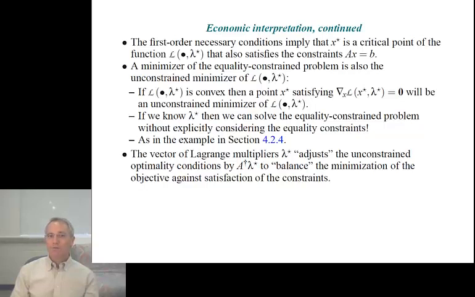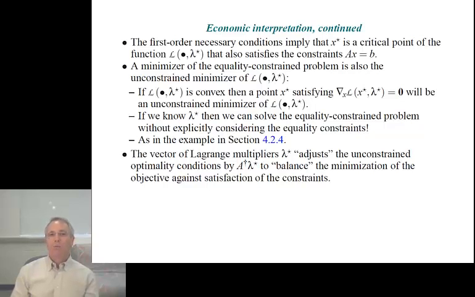A minimizer of the equality constraint problem is also an unconstrained minimizer of the Lagrangian over choices of x given lambda star. And in particular, if the Lagrangian is convex as a function of x, then we can find its minimizer as a point satisfying the gradient with respect to x of the Lagrangian equal to 0. It'll be an unconstrained minimizer of the Lagrangian.